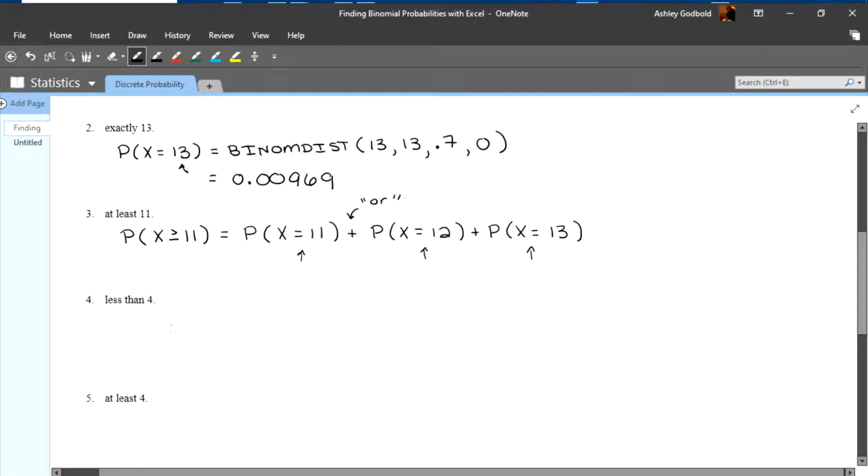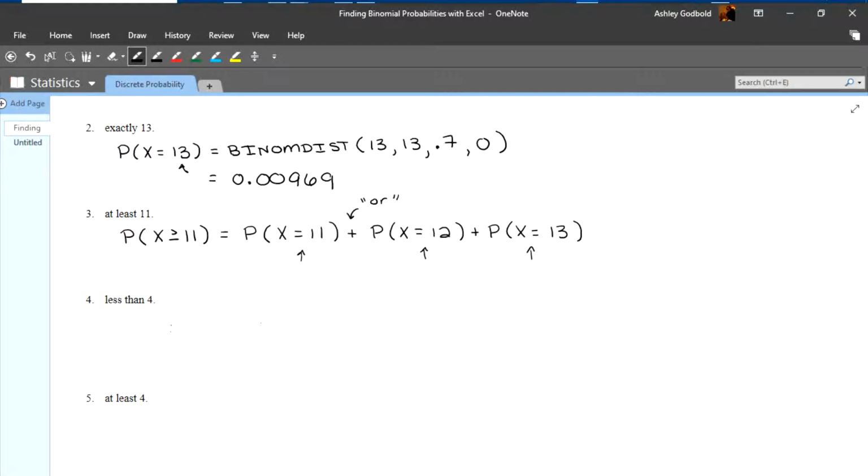Why is it an or and not an and? If I were to perform this experiment, and you asked me, how many students said they drink alcohol? I can't tell you 11 and 12 and 13. That doesn't make any sense. I can't have all three of those answers. I can either have 11 or 12 or 13. So that is why it's an or and not an and.